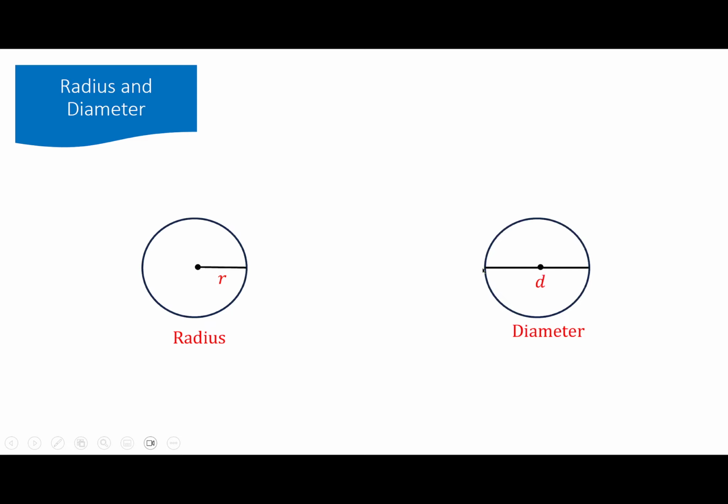Now, if you can come from one point here to the other point here through the center, this line segment is called diameter. Here you can see them side by side. This is a radius, this is a radius here, this is a radius here, and diameter is from here through the center to here, okay?